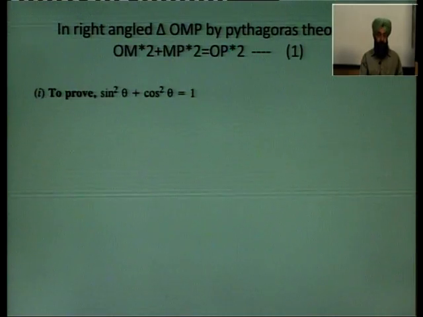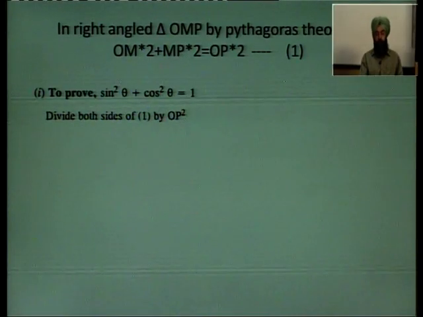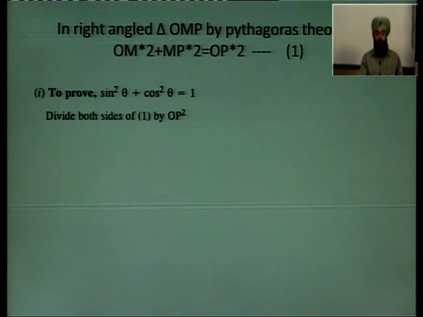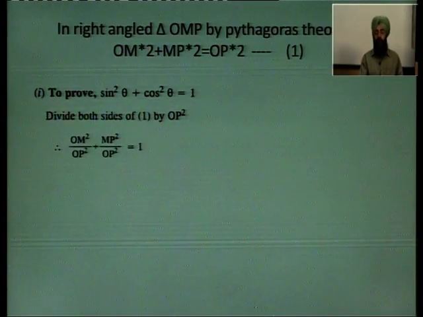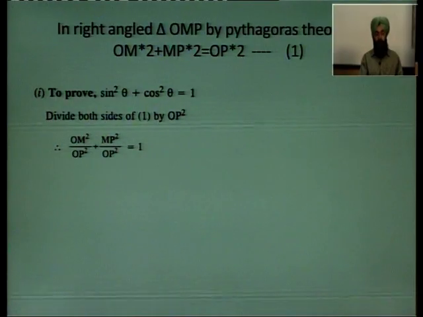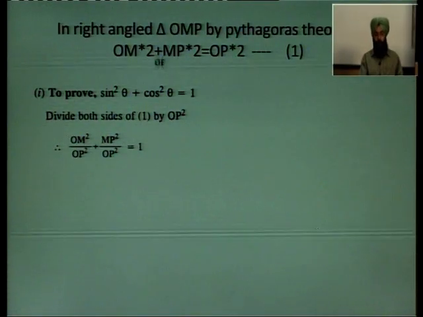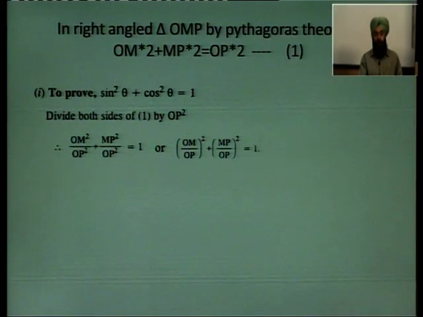The first trigonometric identity we can prove is sin square theta plus cos square theta is equal to 1. So, we can divide OM square plus MP square is equal to OP square by OP square. On dividing this, we can write OM square by OP square plus MP square by OP square is equal to 1. Or we can write this as OM by OP whole square plus MP by OP whole square.